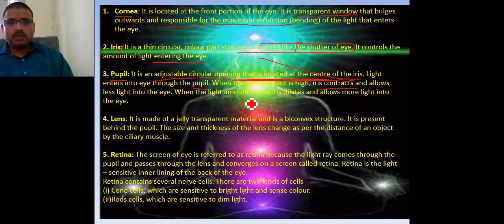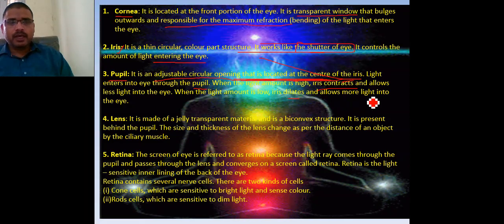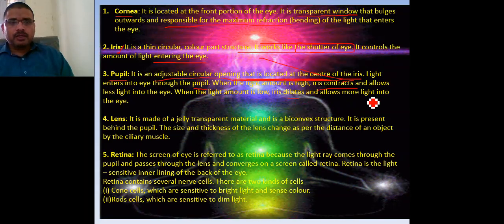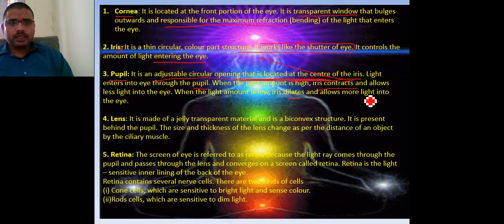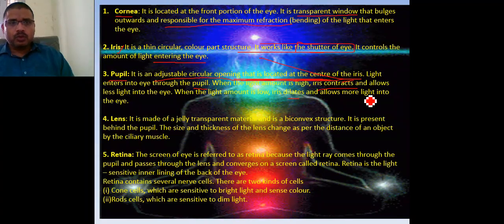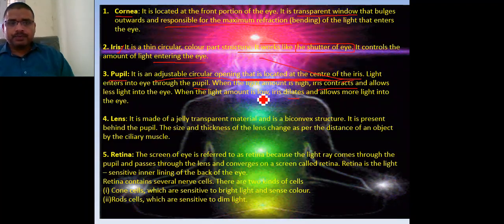When the amount of light is not as much as required, the iris expands and allows the maximum light for image formation. That's why the iris contracts at one time and expands at another, so that more light comes in.